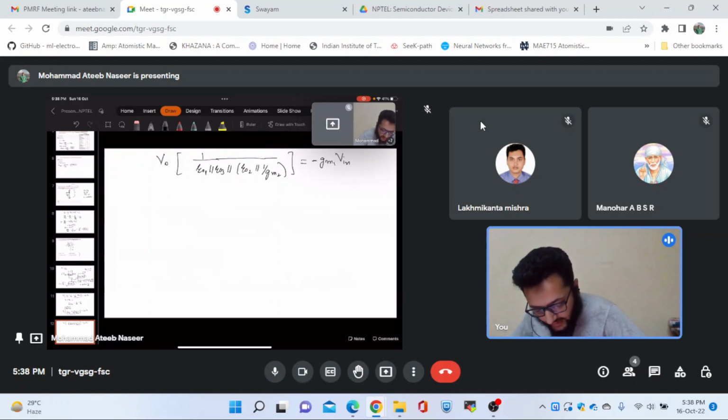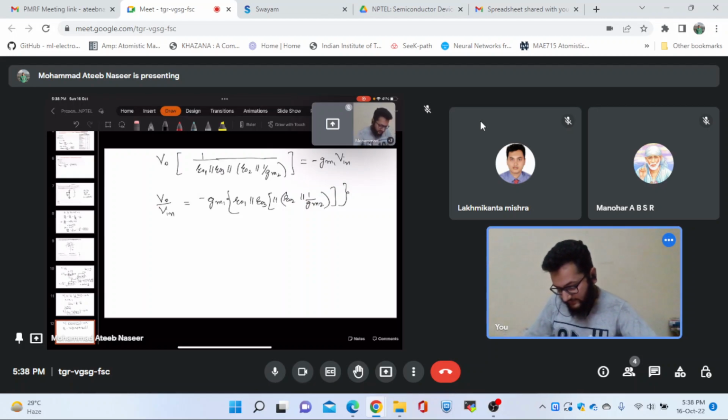Since we are required to find V naught by V in, it will simply be equal to minus gm1 times (R naught1 parallel to R naught3 parallel to R naught2 parallel to 1/gm2).